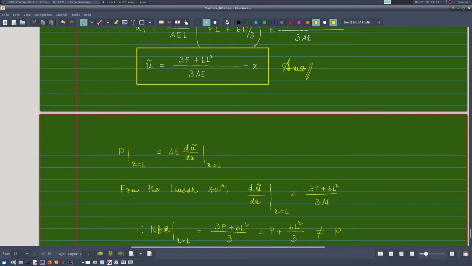If I now use a higher order solution, then maybe this error will reduce, and if I take a cubic polynomial, then of course we will get the correct result, because we know that the exact solution of this problem was a cubic equation in terms of x. I hope you remember. Let me show you this.